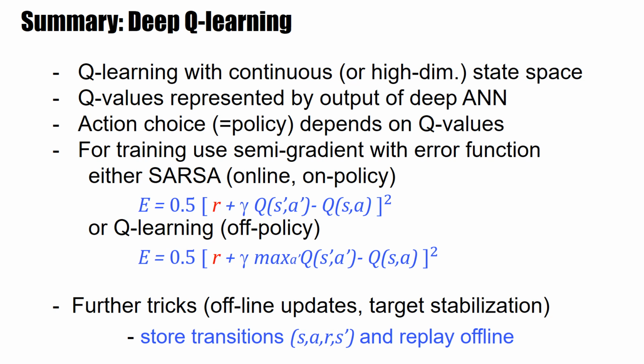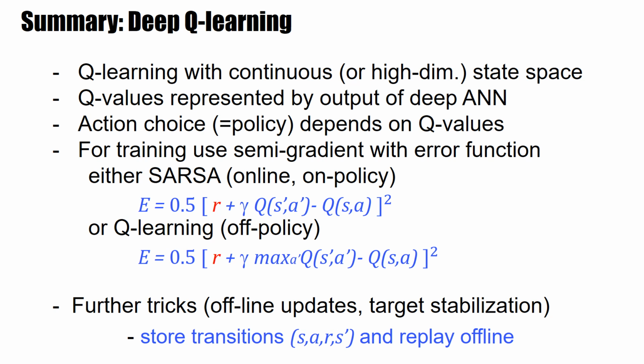So deep Q-learning is just normal Q-learning with a continuous or high-dimensional state space, and you represent this continuous high-dimensional state space in the input of the neural network. The neural network transforms this to a more compressed representation close to the output.